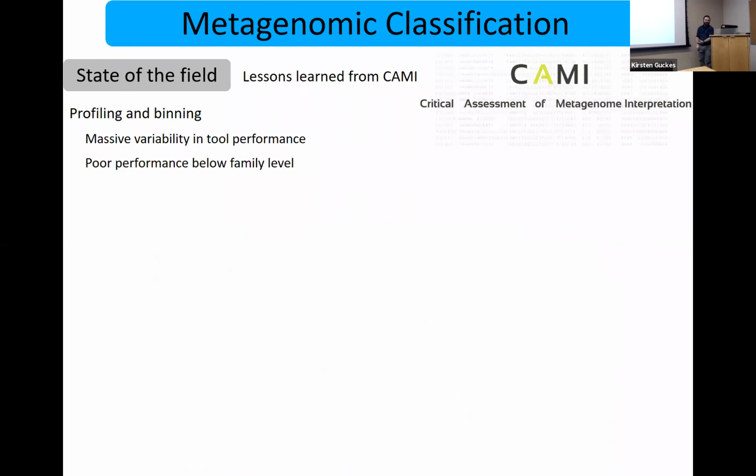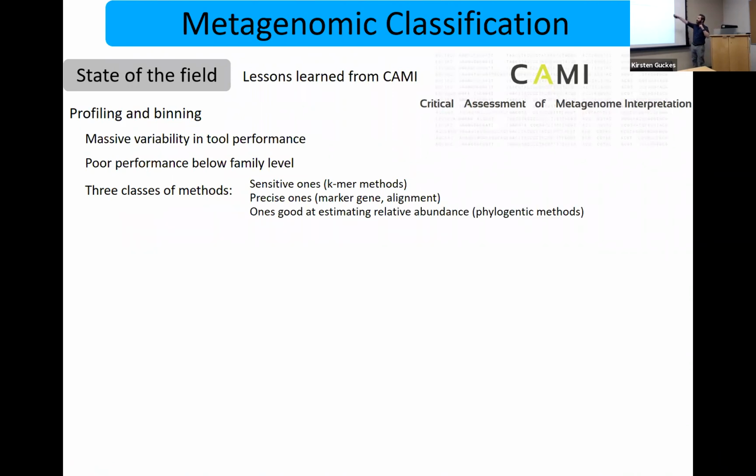Beyond that, we can classify these into three different kinds of methods. There are ones that are sensitive, things like Kraken, Clark and Bracken. There are ones that are precise, things like MetaPhlAn, which use marker gene or clade-specific marker gene approaches. And then there are ones that are actually good at getting the relative abundance.